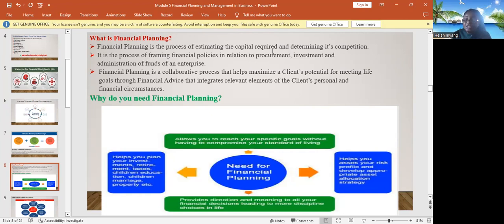If you are not a good financial manager, you will not be able to detect when your machines, if you are in a production enterprise, start undergoing wear and tear.